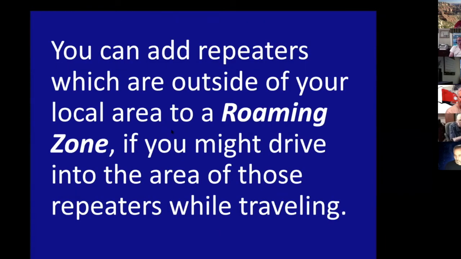Another great feature of a DMR radio is that it has a roaming capability. So I'll be taking a drive down to Florida in about 3 weeks. I haven't done it yet, but I'm putting together mentally the roaming zone that I'm going to have.